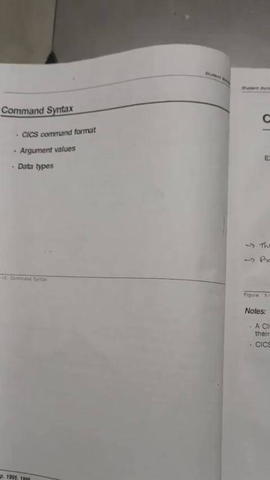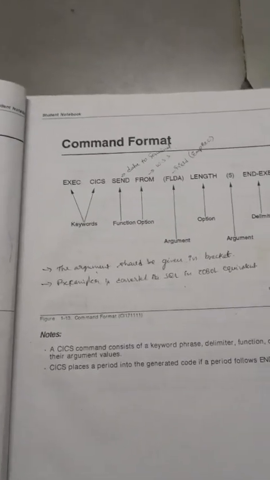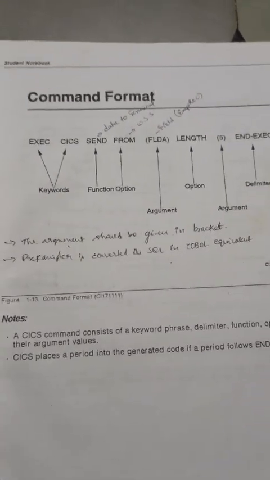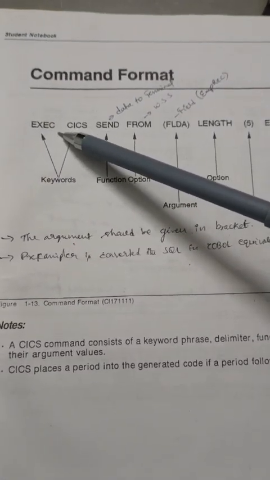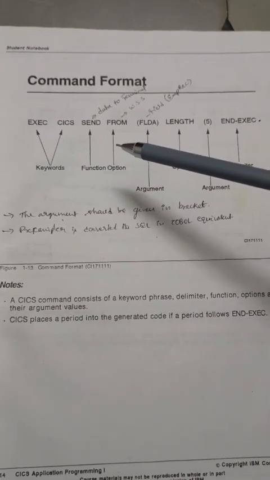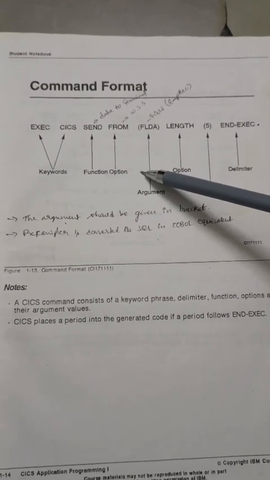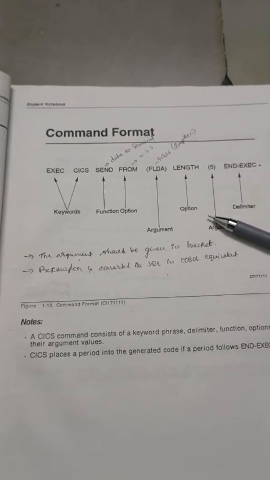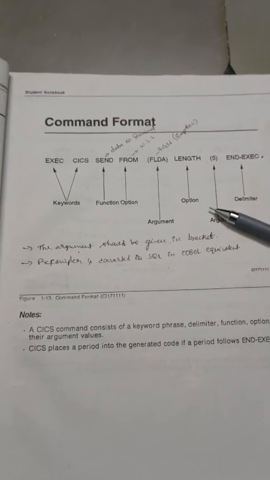Now let me start with how the command syntax of CICS works. CICS commands start with the keywords EXEC CICS. How do you identify CICS in a COBOL program? It will have CICS commands.